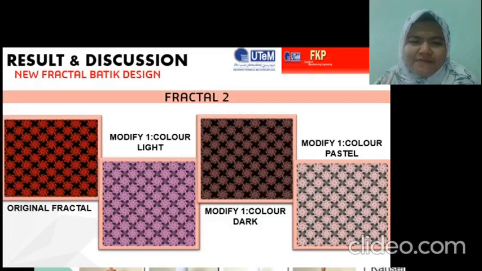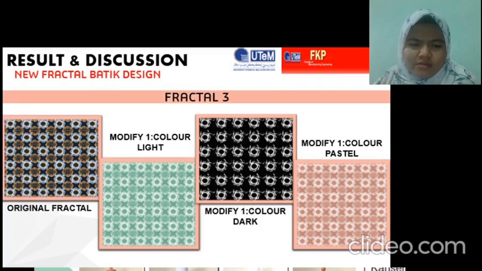This is the second fractal, and this is the third fractal.